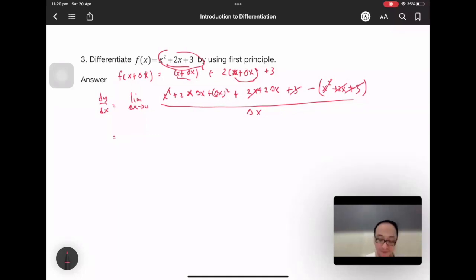So the remaining is the limit as delta x approaches 0 of 2x delta x plus delta x squared plus 2 delta x over delta x. So we can factorize delta x.